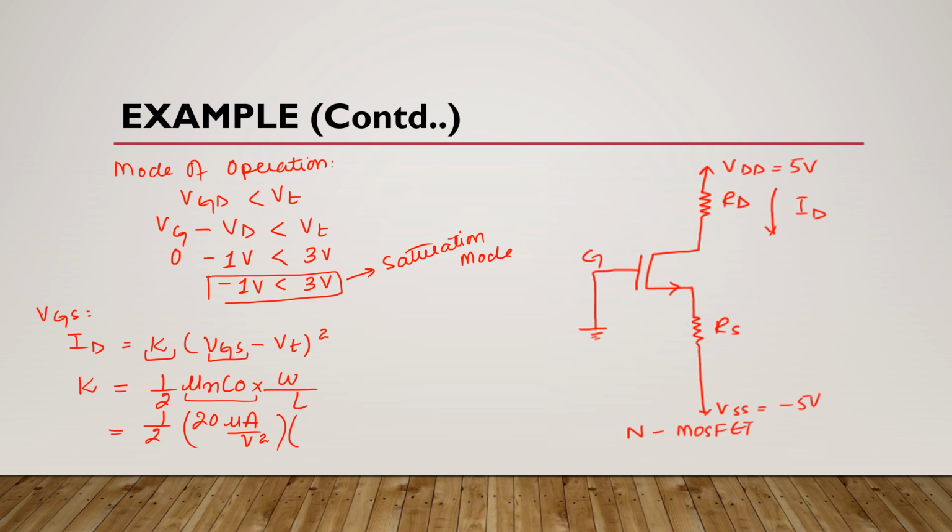This width is 400 micrometer, and this length is 9 micrometer. After solving this, we will get 4.44 into 10 raised to the power minus 4 amperes per volt square. So this is the value of K here.